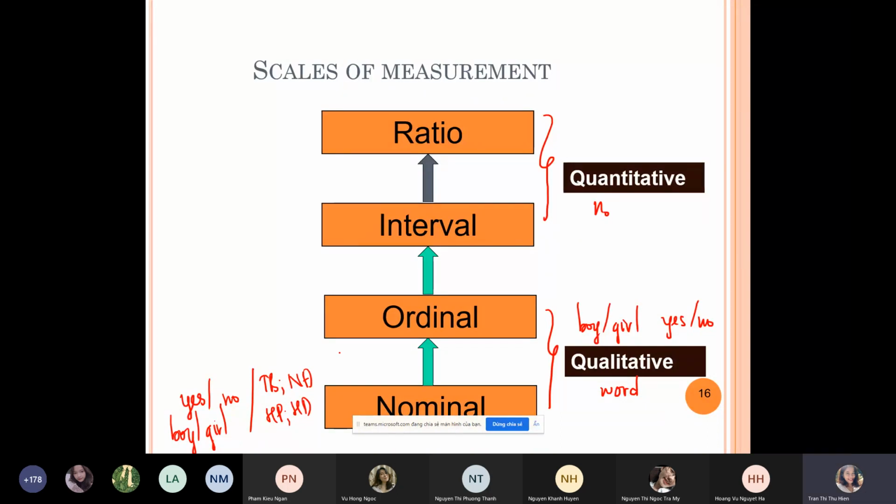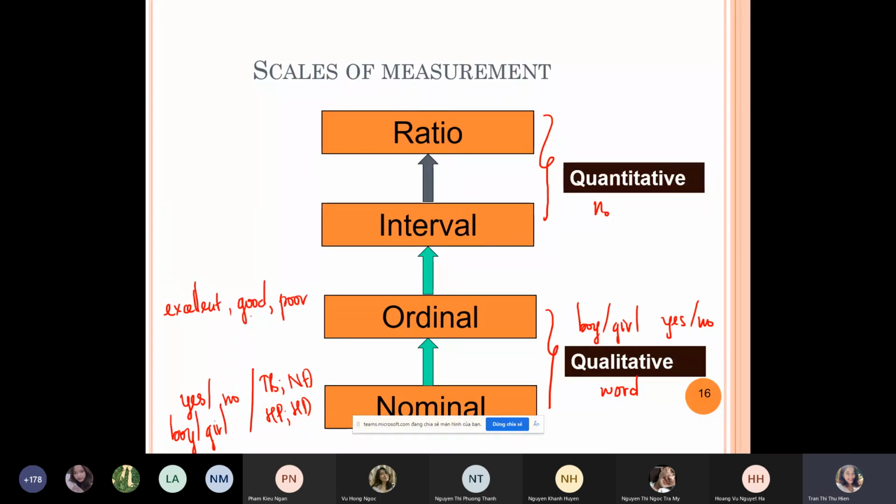For the second one, the scale of measurement for a variable is called ordinal if the data exhibit the properties of nominal data and the order or rank of the data is meaningful. For example, excellent, good, and poor.